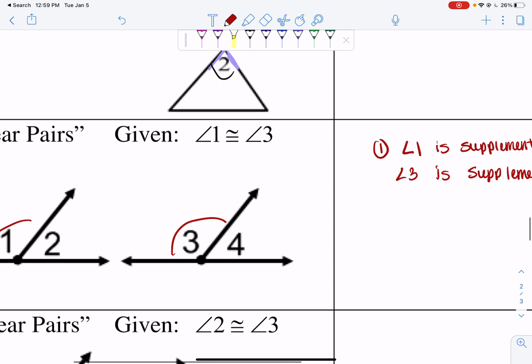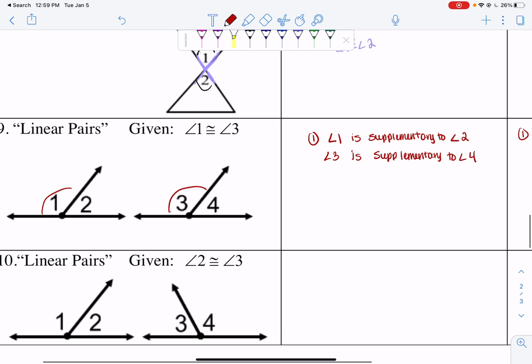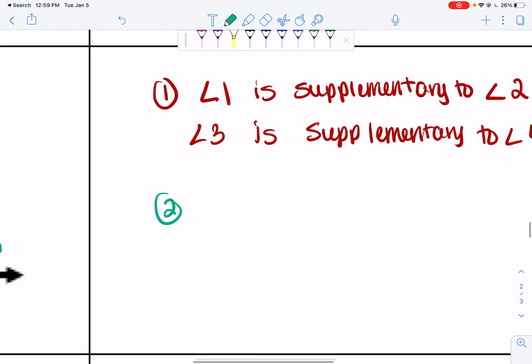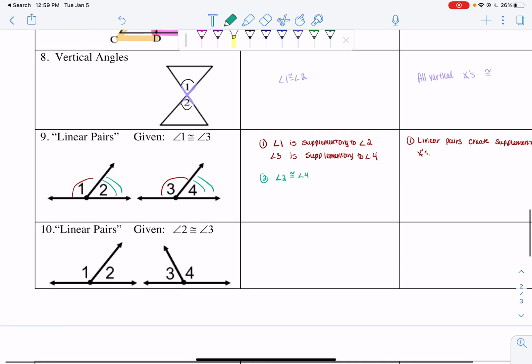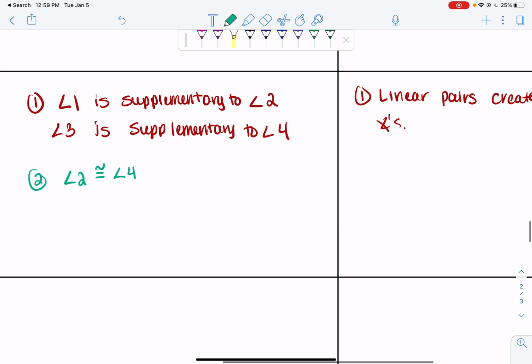That's all my reasoning for angle 1 and angle 3 being supplementary to angle 2 and 4. What I can now do is say that since angle 1 and angle 3 are congruent, angle 2 and angle 4 are also congruent. And the reasoning would be supplements of congruent angles are congruent.